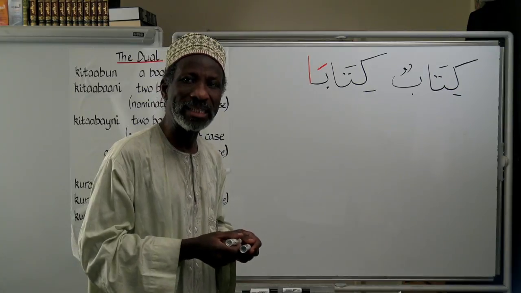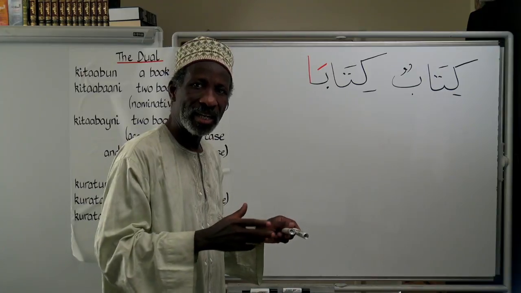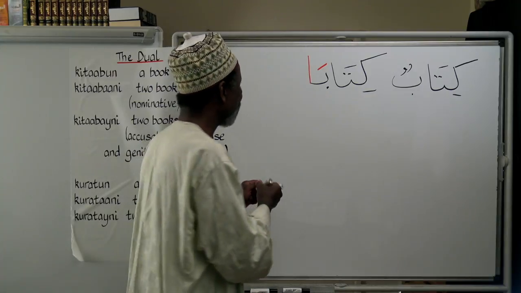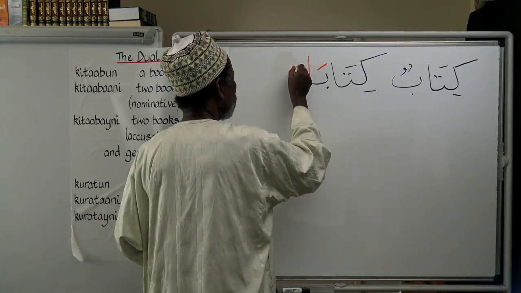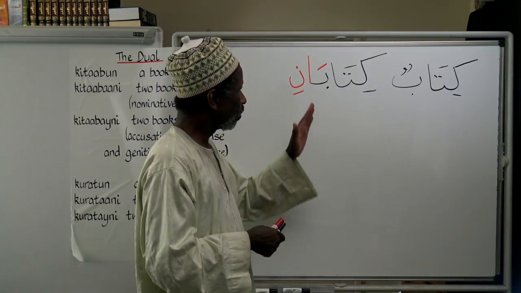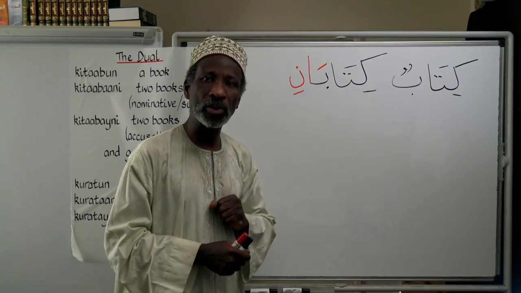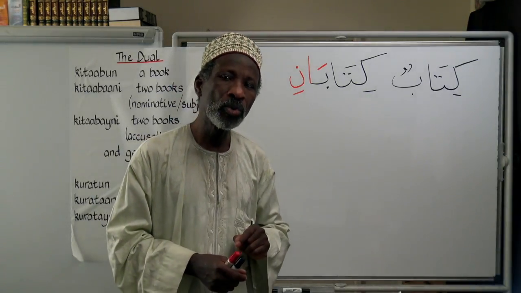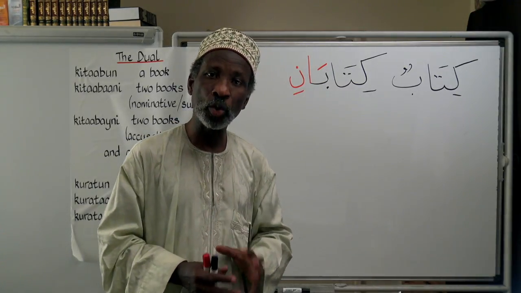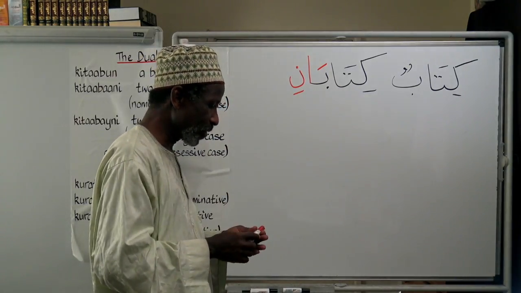It's called mad, meaning extension, lengthening the vowel. So it's kita, ba, and then you write noon, you put kesra underneath it, kitabani. Now, having done that to the original kitabun, we now have two books. That's what you do to any singular noun to be converted into dual, meaning two. That's kitabun, kitabani, and that's masculine.